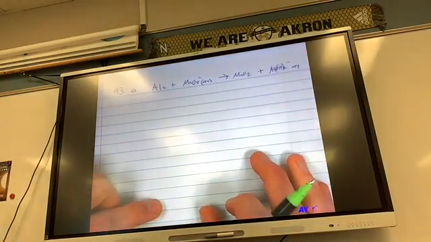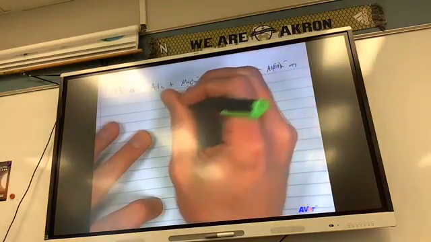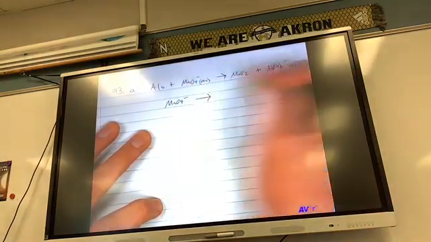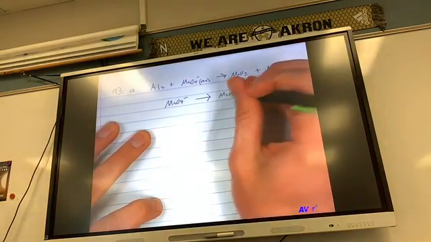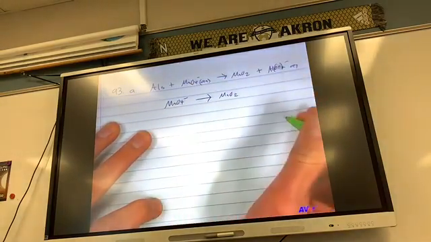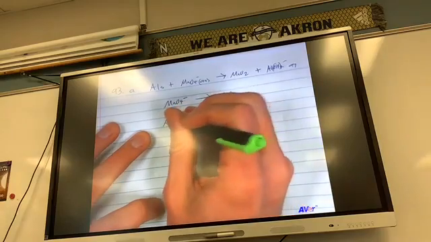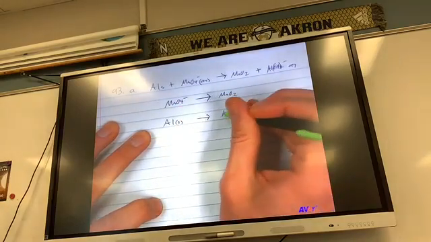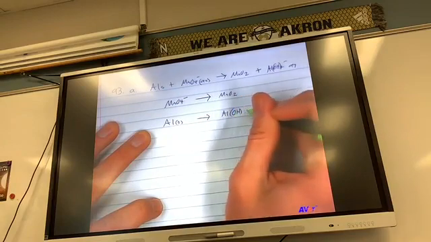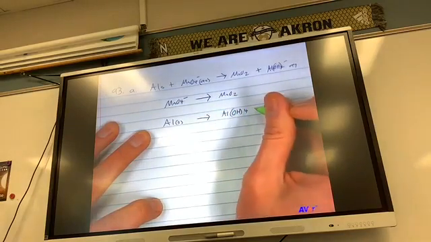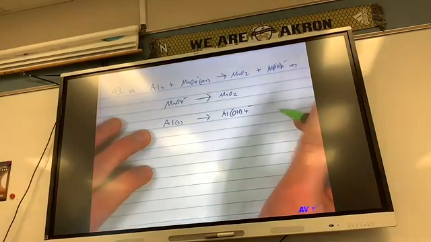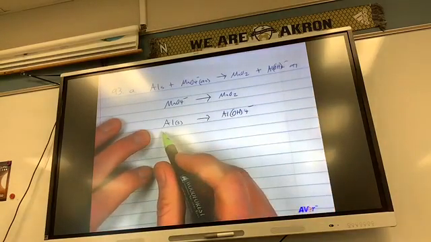Step one, split into two reactions, right? So the first one is going to be MnO4 minus goes to MnO2. Second one is going to be Al solid goes to Al(OH)4 minus. To figure out which one's reduced, which one's oxidized, I would do this one, right?